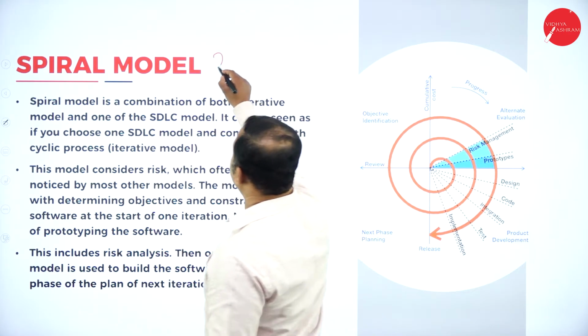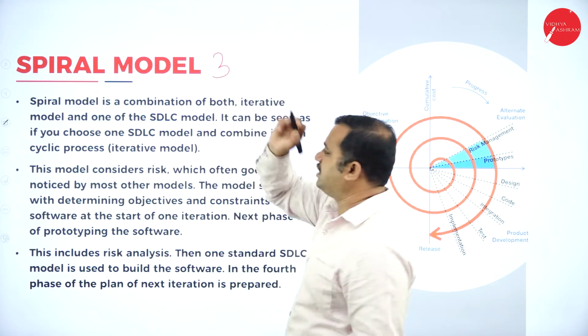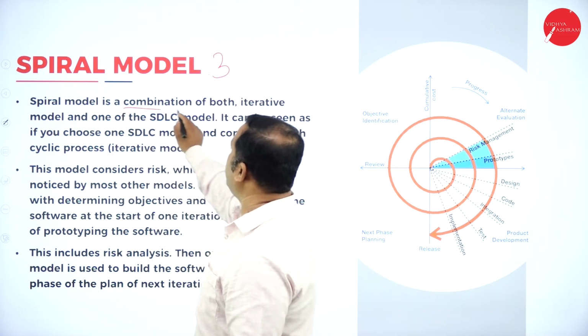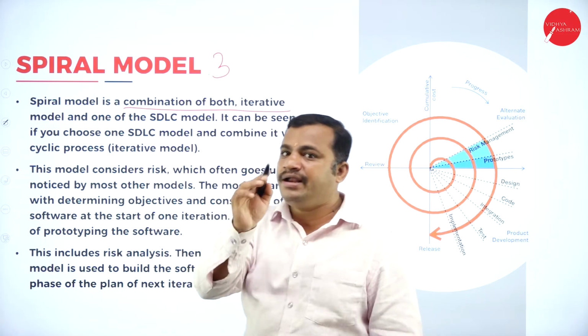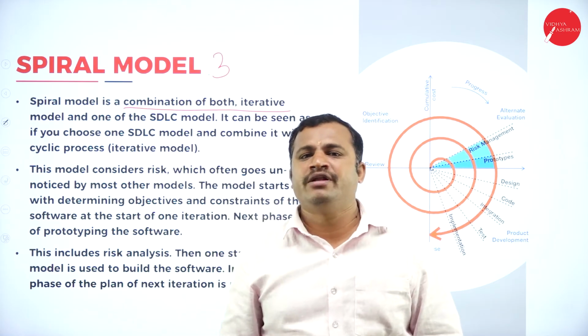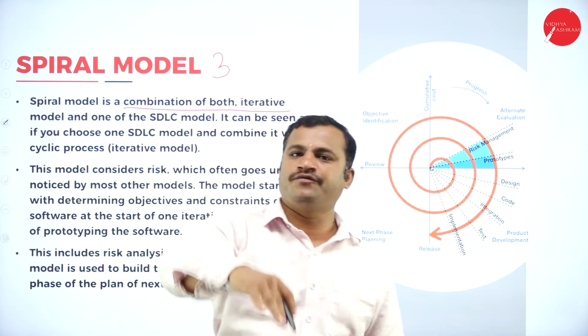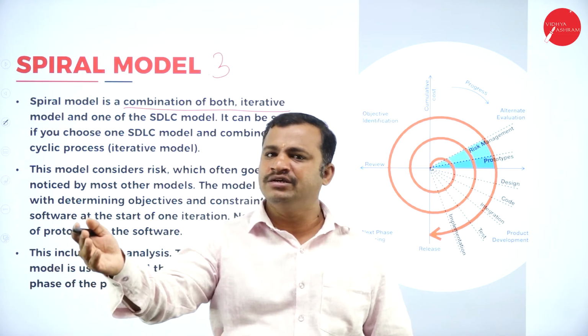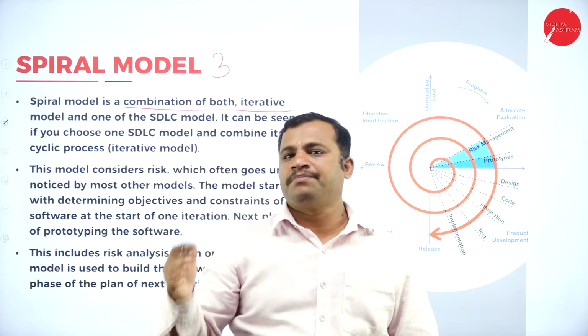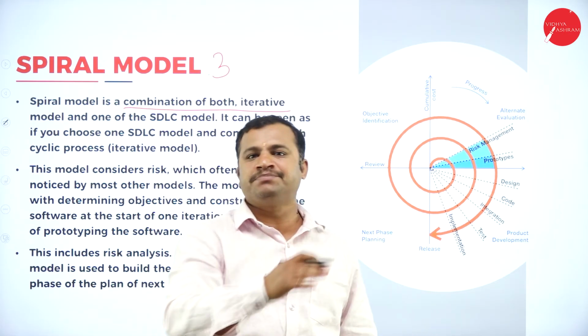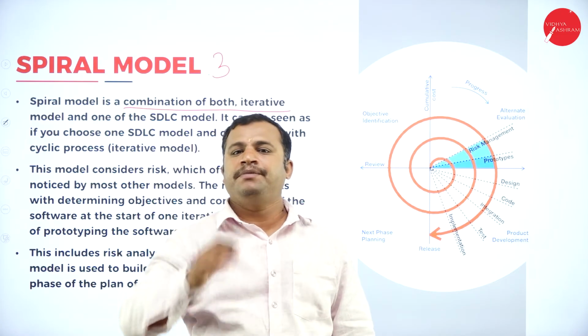Similarly, if I move on to the third type of model, that is the spiral model, you will observe that it is a combination of iterative and any one of the software development lifecycle models. Whether it may be iterative with waterfall model, iterative with any other type of model, it is a combination of iterative with any of the types of software development lifecycle model.